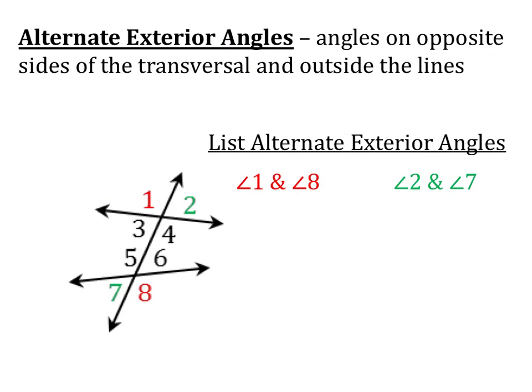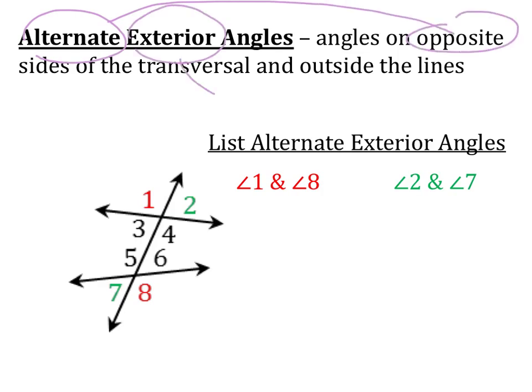Alternate exterior angles are angles that are on opposite sides of the transversal and outside the lines. Again, alternate matches up with opposite, and exterior matches up with outside. So alternate exterior angles are the same thing as opposite outside angles.